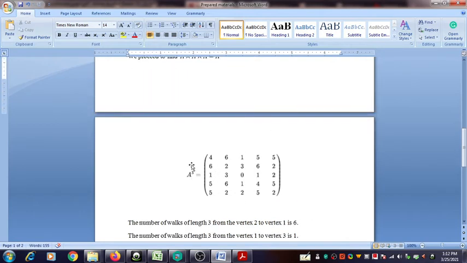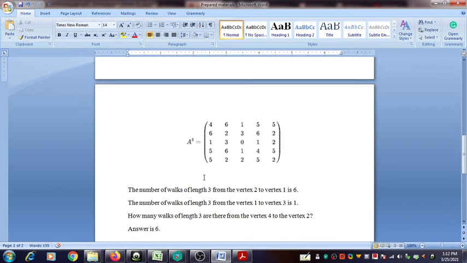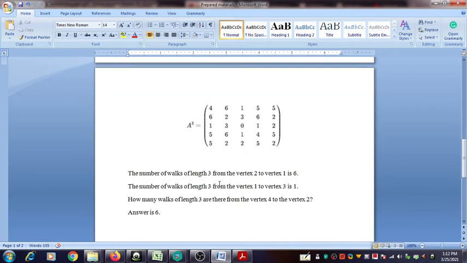A different way to find the same answer is to consider the first row and the second column, where you also see the same value 6. So 6 is the number of walks of length 3 from the vertex 2 to the vertex 1, or from the vertex 1 to the vertex 2 in the graph.